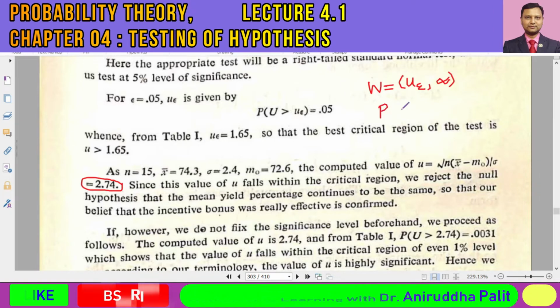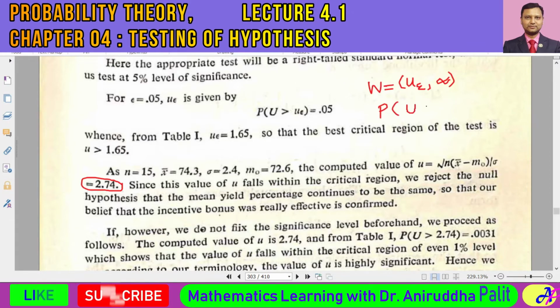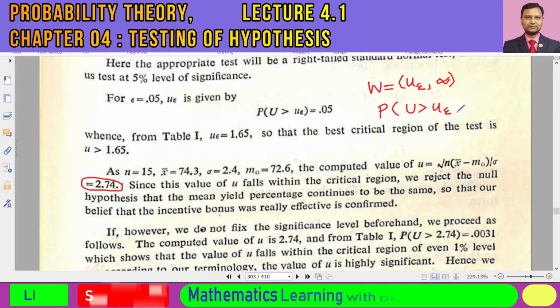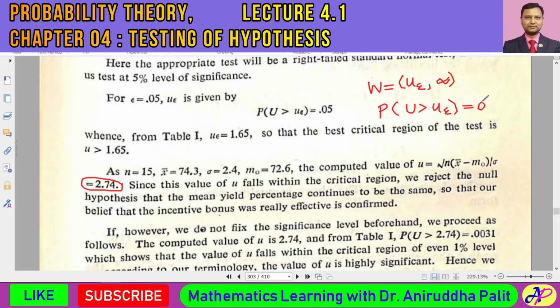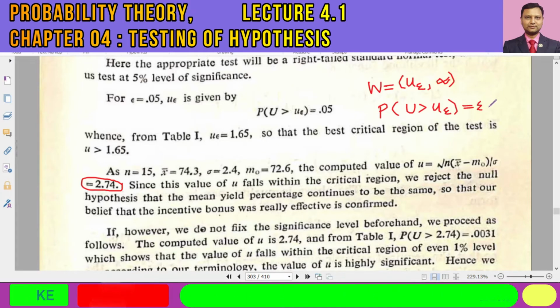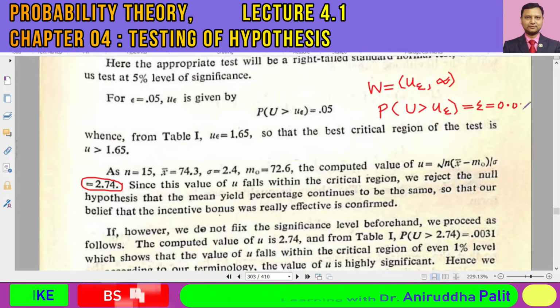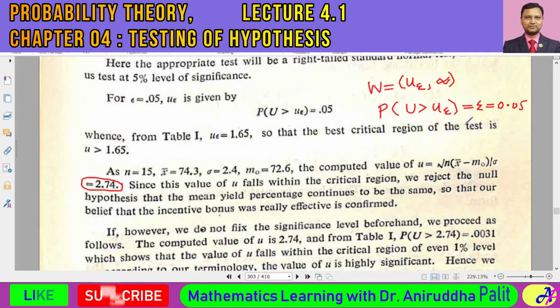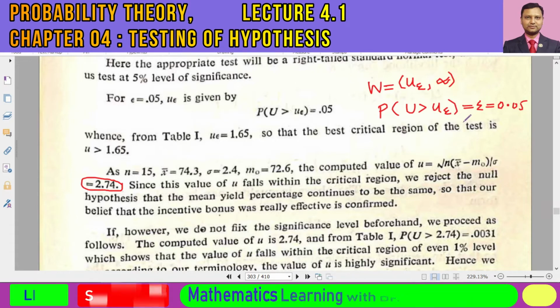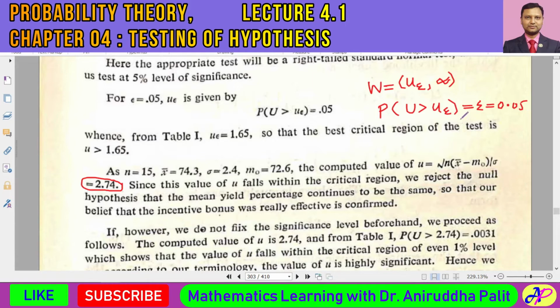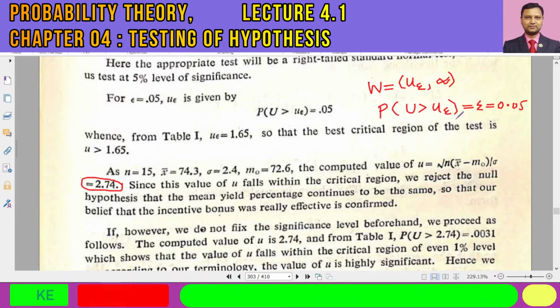U epsilon should be computed from this type of inequality, that probability of U greater than U epsilon should be equal to epsilon basically, and this epsilon has been taken as 0.05. And now from the normal distribution table, I already demonstrated the normal distribution table earlier in the previous classes.